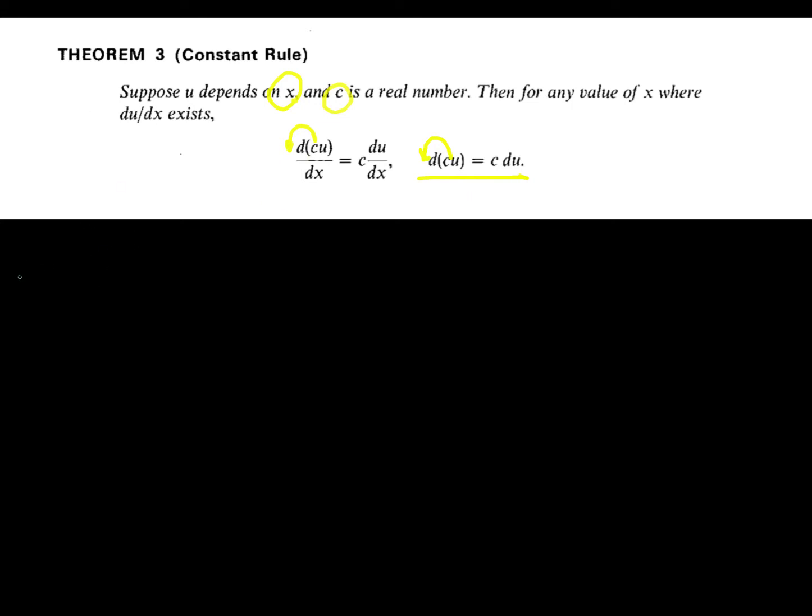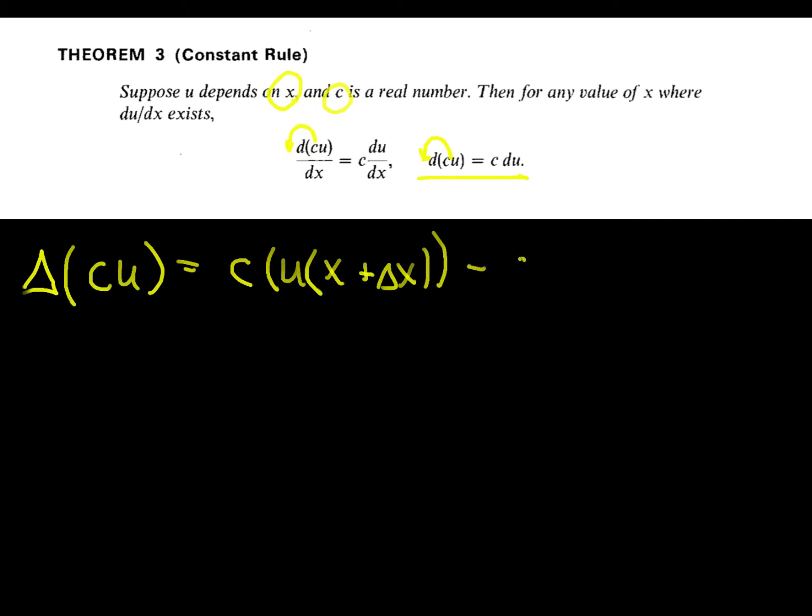So again, just like in all the other examples, I have to look at the change in cu, which is constant times u of x plus delta x minus constant times u of x.